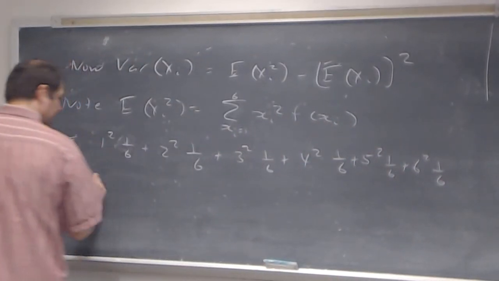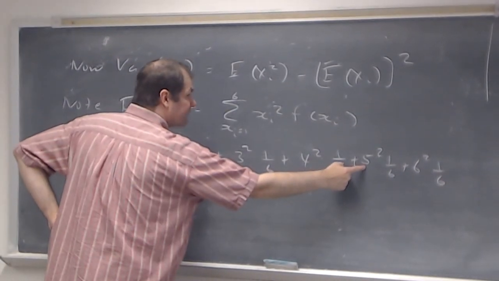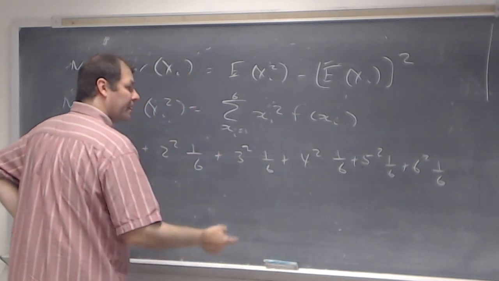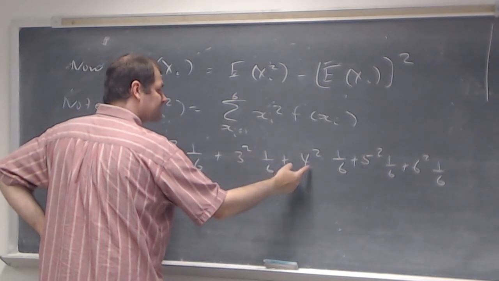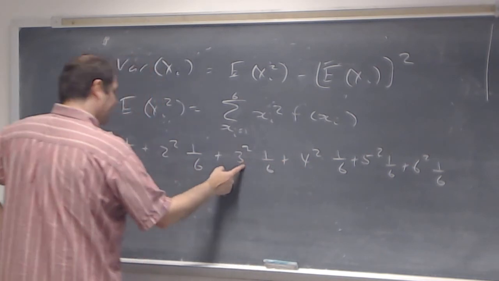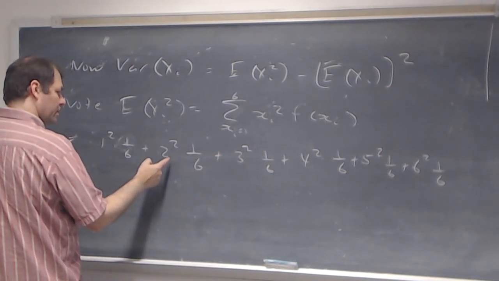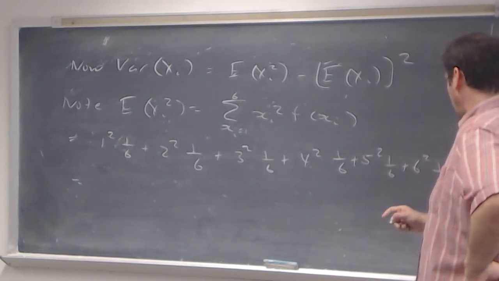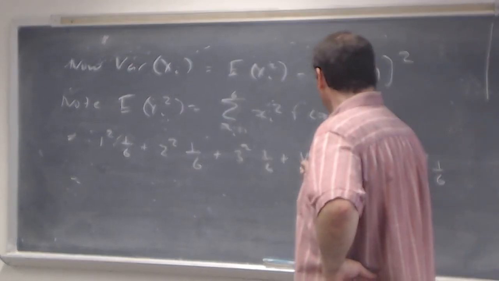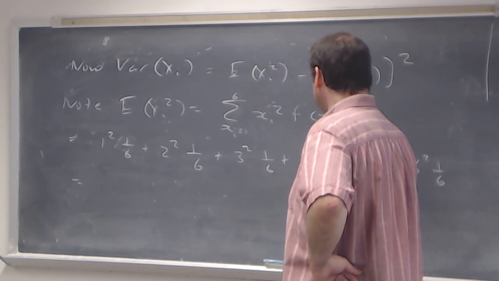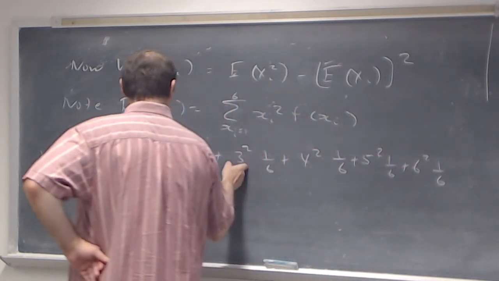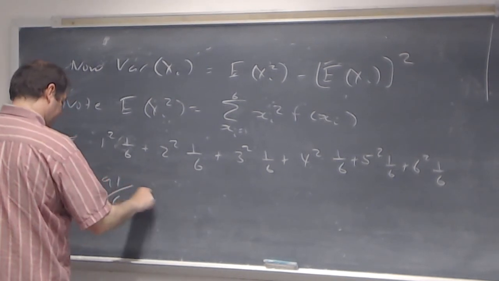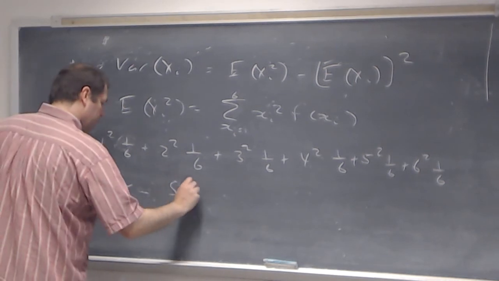And so this is equal to, let's see, 36 and 25 is 61, plus 16 is 77, 86, 91. That's right. So it's 91 over 6. That's the correct answer.